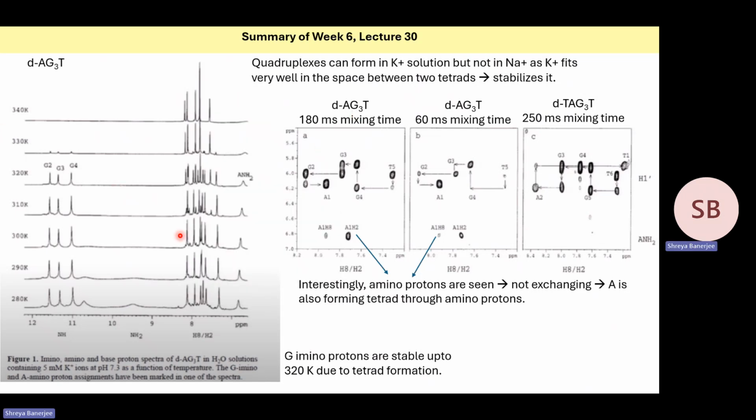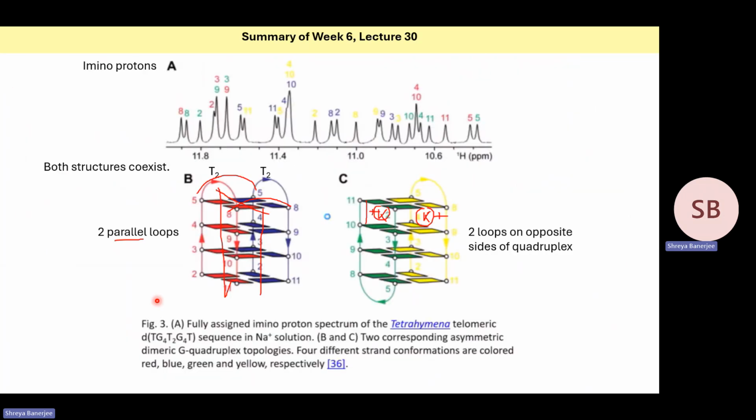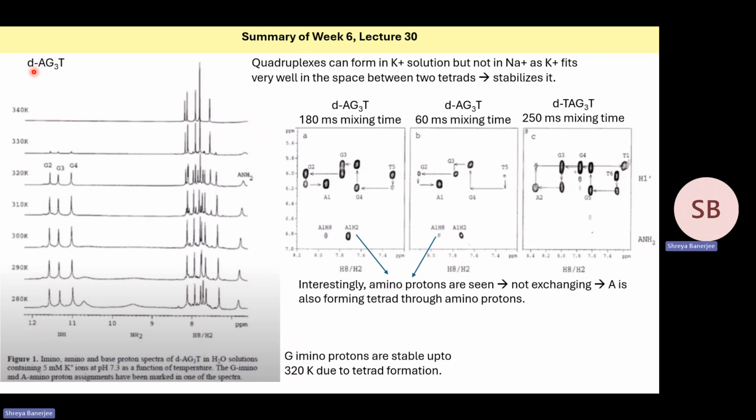Now, here all the structures were G4. G4 is forming the G tetrad. Here you have an AG3 structure. In this structure, something very interesting is seen: first of all, the iminoprotons due to G you can see up to 320 Kelvin.